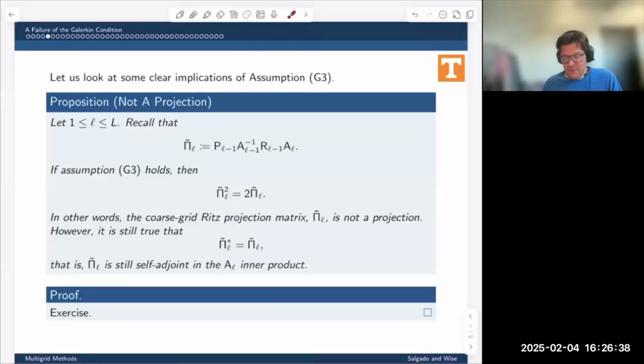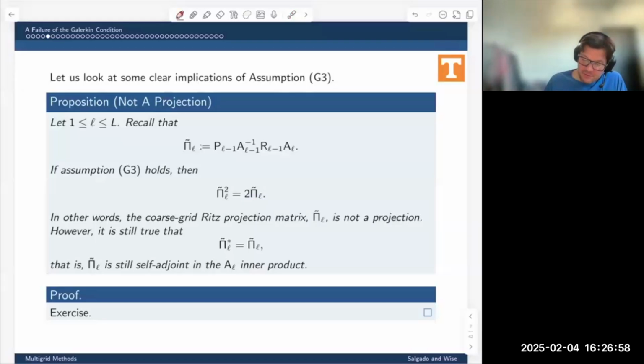All right, so if it's not a projection matrix, what is it? Well, it's what I would call an almost projection matrix. So if I multiply pi L tilde by itself, so I take pi L tilde squared, then I'm going to get 2 pi L tilde. Remember what we need to have for a projection matrix.